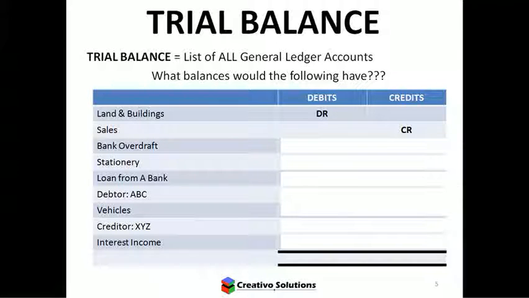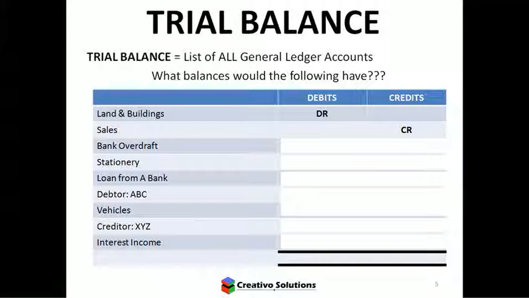Bank overdraft, apply the accounting element. Think about your definitions and identify which one it meets. Well, if I have a bank overdraft, I've overdrawn from the bank account, meaning I've taken more from the bank. If I take more from the bank, I owe the bank.